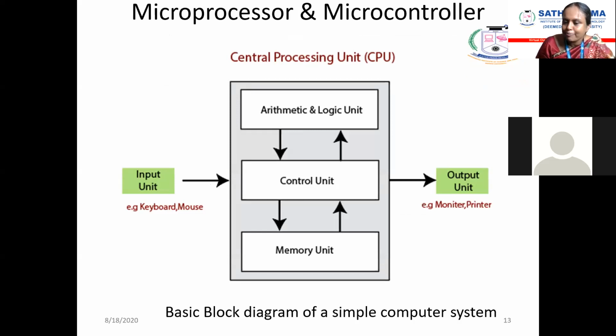We all know a CPU has an arithmetic and logical unit, memory unit, and control unit. To integrate the CPU, we need an input as well as an output unit. So this is a basic block diagram. The microcontroller has the same specific function, but we will see in detail the difference between microprocessor and microcontroller.